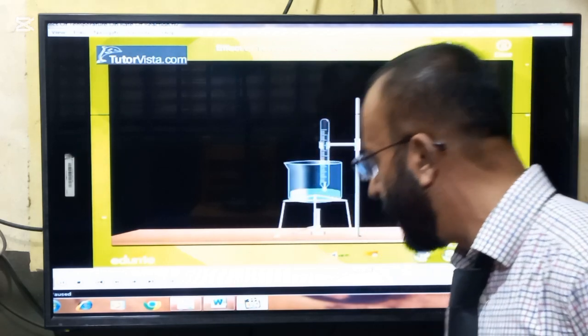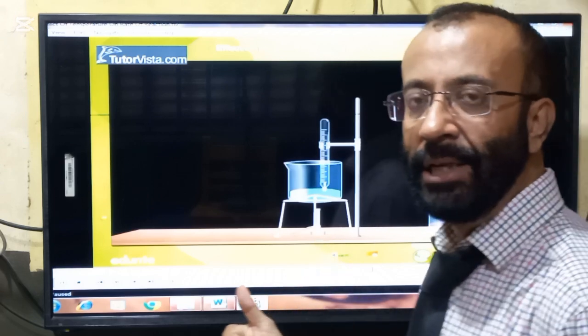Now heat the solution. Look, all the conditions are the same except temperature. In this experiment, you are going to heat the mixture. So when the temperature is increased, the rate of the reaction will increase and the pink color will disappear in less time.